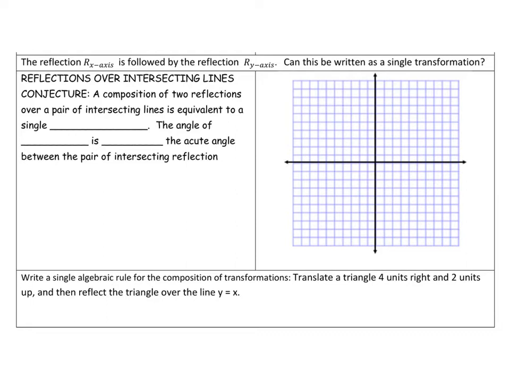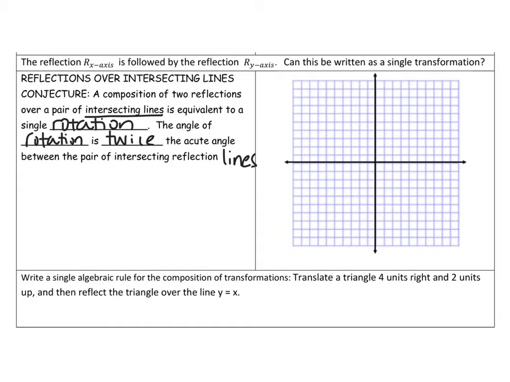A composition of two reflections over a pair of intersecting lines, and in this case our intersecting lines are the x and y axis, is equivalent to a single rotation, and the angle of rotation is twice the acute angle between the pair of intersecting reflection, and we're missing a word here and it should say lines.